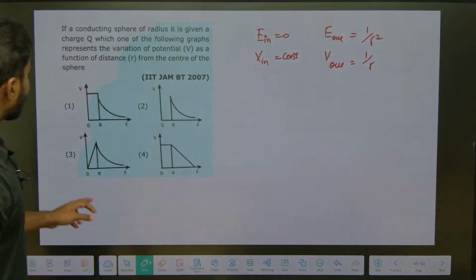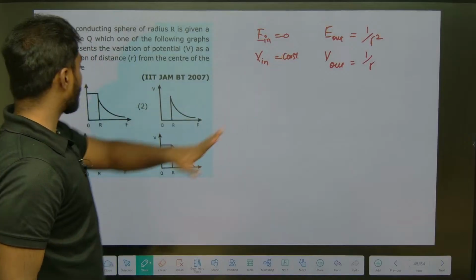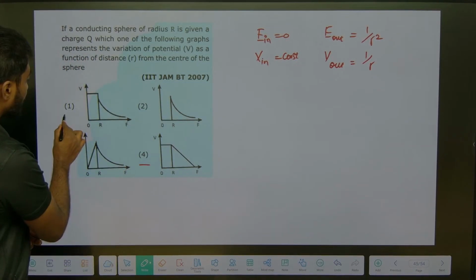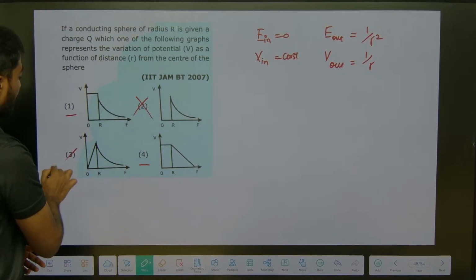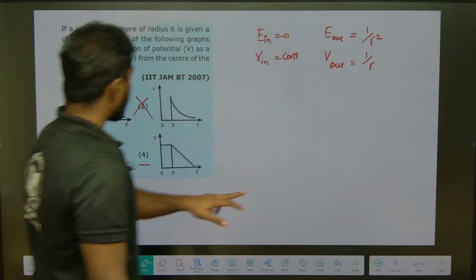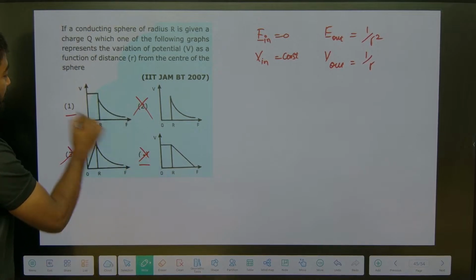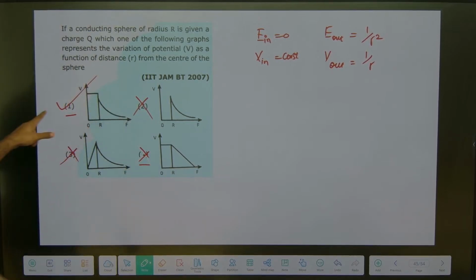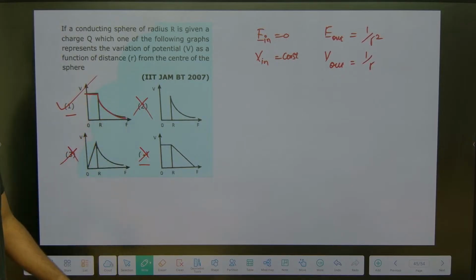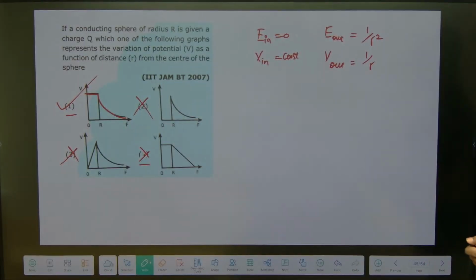Initially the potential will be constant, so it is either option 4 or option 1, and I can easily eliminate option 2 and option 3. Since it is inversely proportional, option 4 will not be correct, so option 1 is the best option. First it is constant and then it decreases. So this is the correct option for the first question.